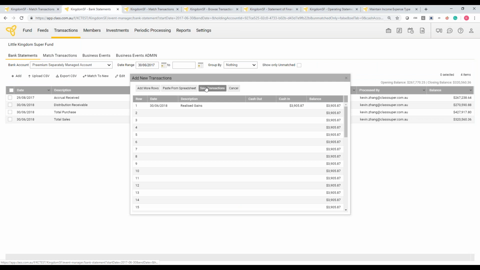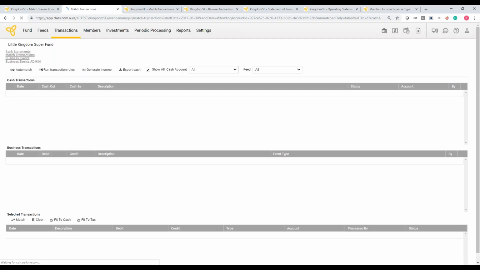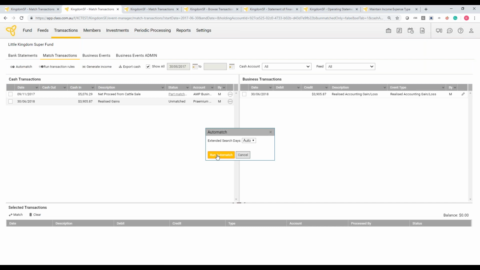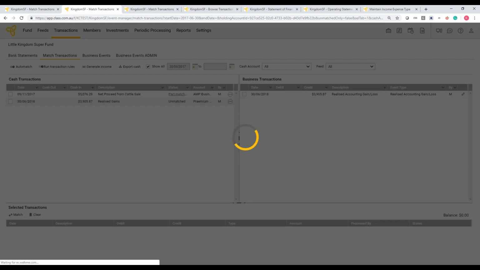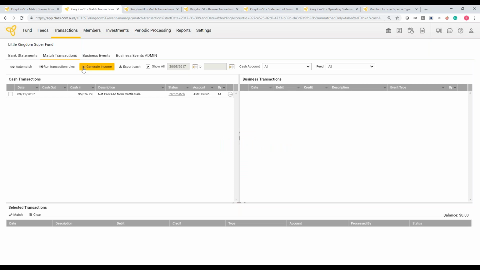Save transactions. And if you see that, that's 324,466.24. So that's your cost of your portfolio. Then your auto match. Save. That's it. That's all you need to do.